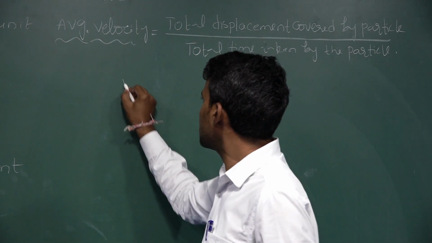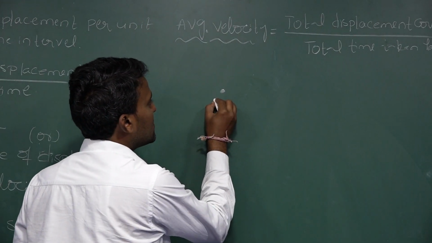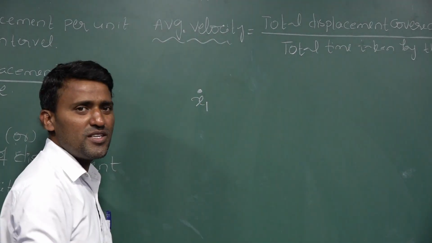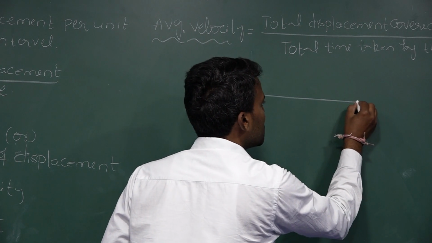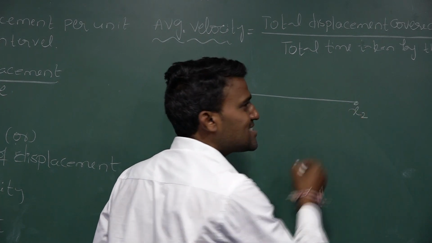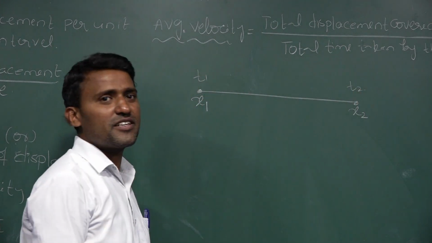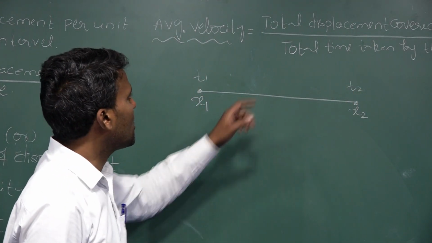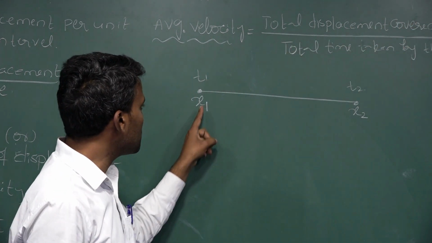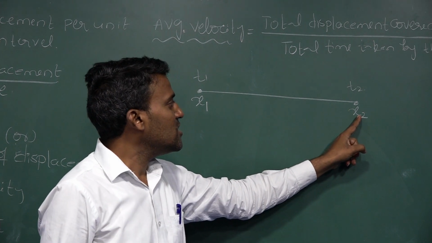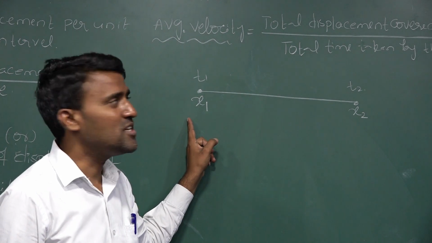For example, an object started its journey from position x1 at time t1 and reached the destination at position x2 at time t2. The total displacement covered by the particle is x2 minus x1, final position minus initial position. Total time taken is final time minus initial time, t2 minus t1.